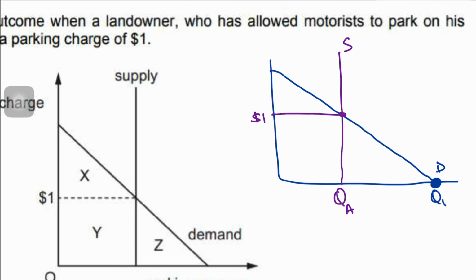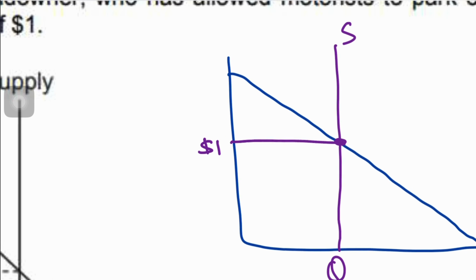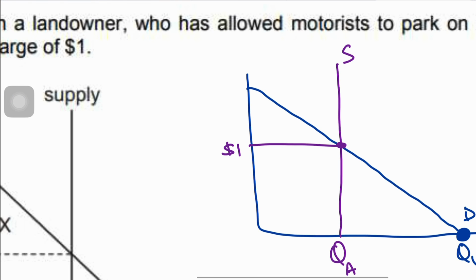And so if you want to find out the consumer surplus, you need to first see what it would be if you were still not paying anything for parking QA cars. Let's say you're charging $0 for QA cars.